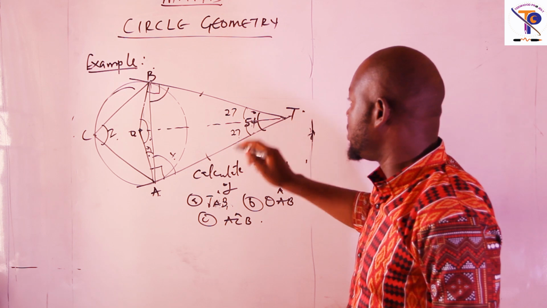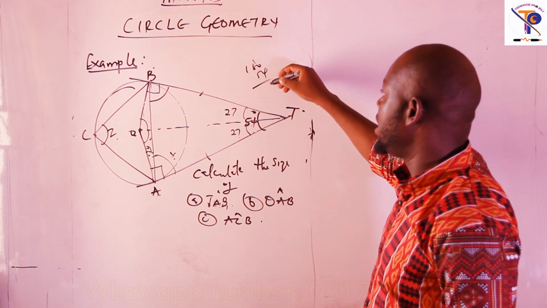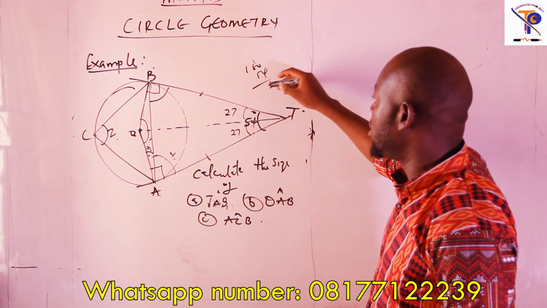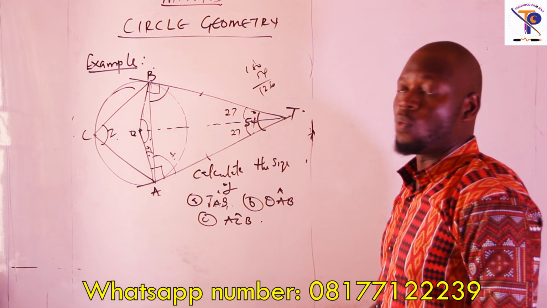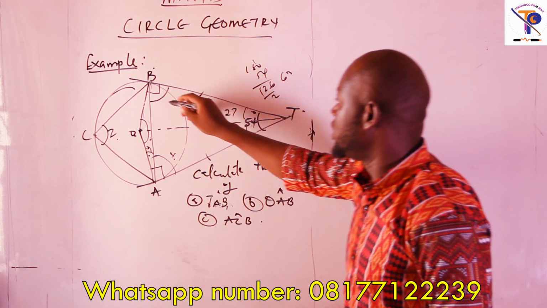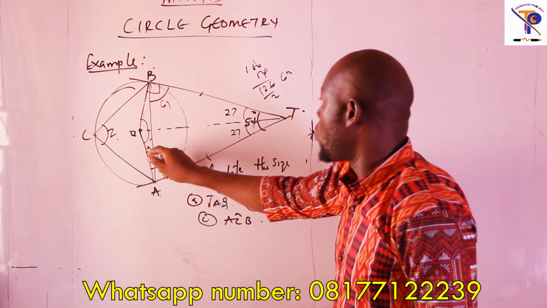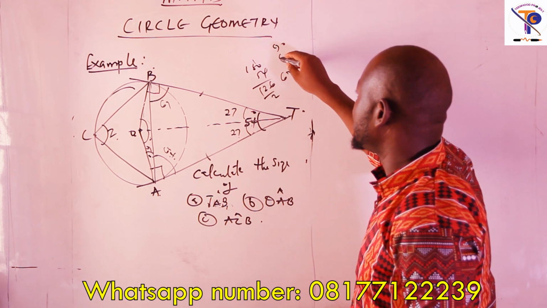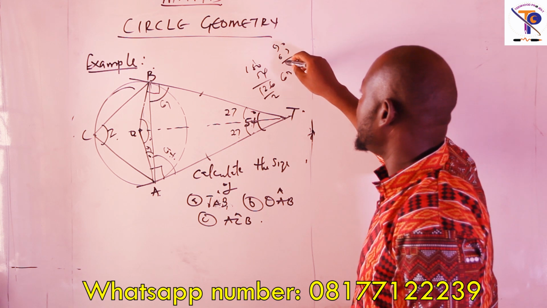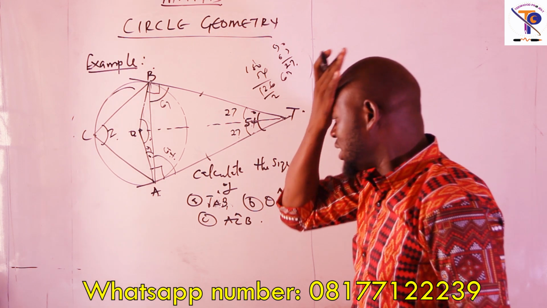From here we have 180 minus 54. This is 126. So once we have 126 here, we divide it by 2. That is 63. So we have 63 here. So y will be 90 minus 63. That will be 27.